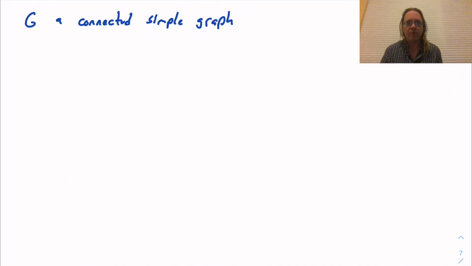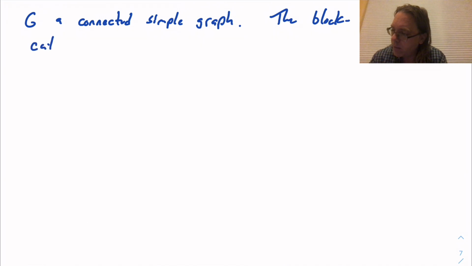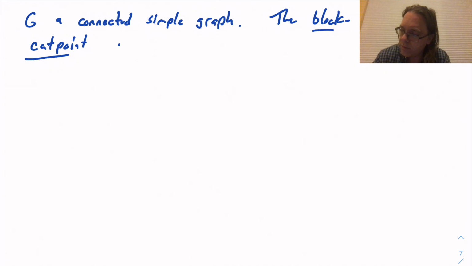It's not really important. So I'm giving you a connected simple graph here. We're now going to define a new graph called the block cut point graph of G. This is going to be denoted BC of G.